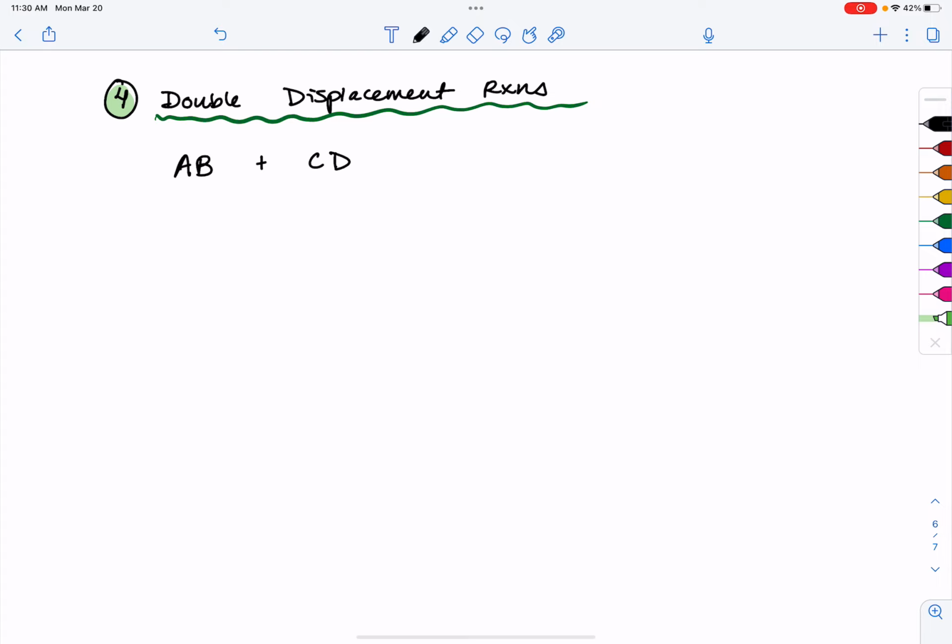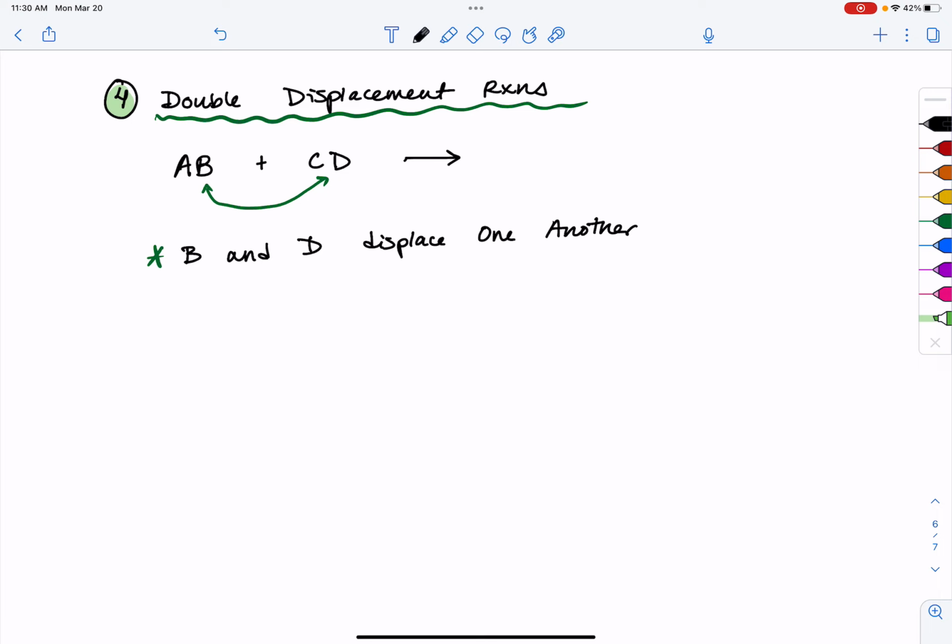So this is like compound AB reacting with compound CD, where we would have a displacement between B and D. So we would say that B and D displace one another.